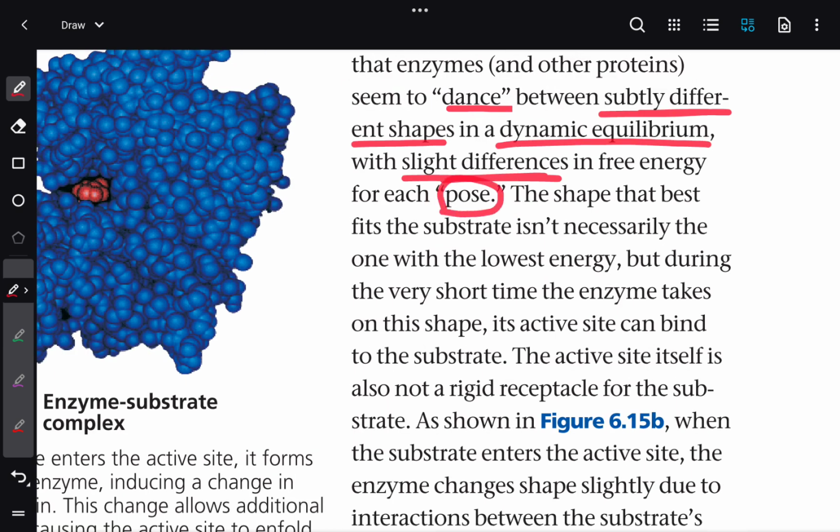The shape that best fits the substrate isn't necessarily the one with the lowest energy. But during the very short time the enzyme takes on this shape, its active site can bind to the substrate.